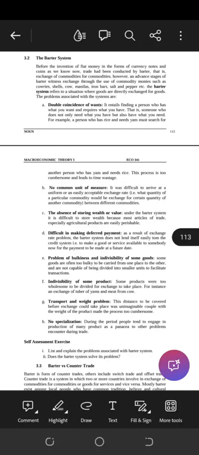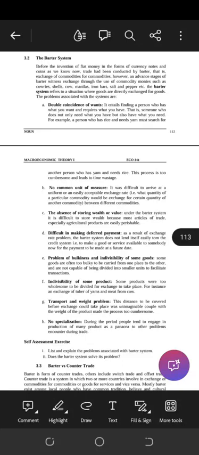Why do we say it is backed up by law? If it is given to you for the payment of goods and services, you cannot reject it. By law, you cannot reject it. If you reject it, you are going to have issues with the government, because if someone gives you money as a means of payment, then what do you want?